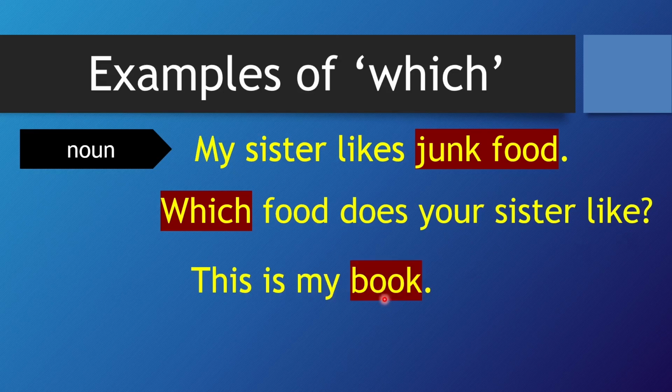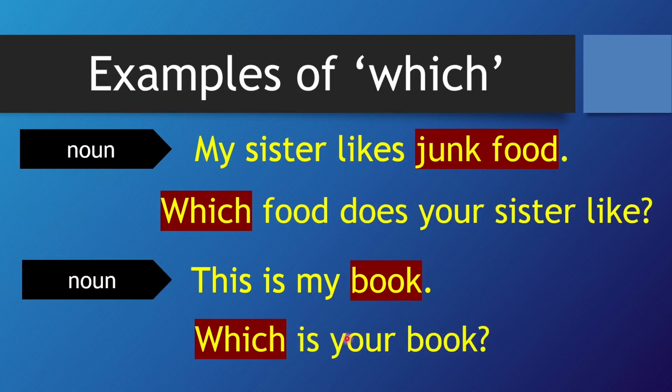This is my book. So here, book is noun. The sentence will become, which is your book? See, I showed you the indicators of which. So there it is starting with this. Obviously, the question will start with which. After which, we will write the auxiliary or the main verb or the modal verb. Here in this sentence, there is no other main verb given.